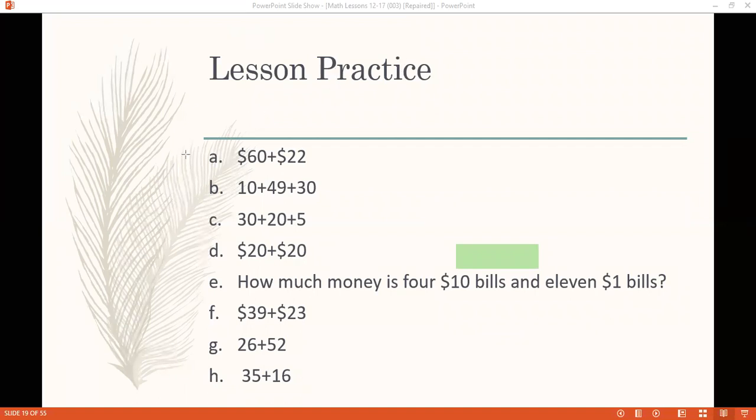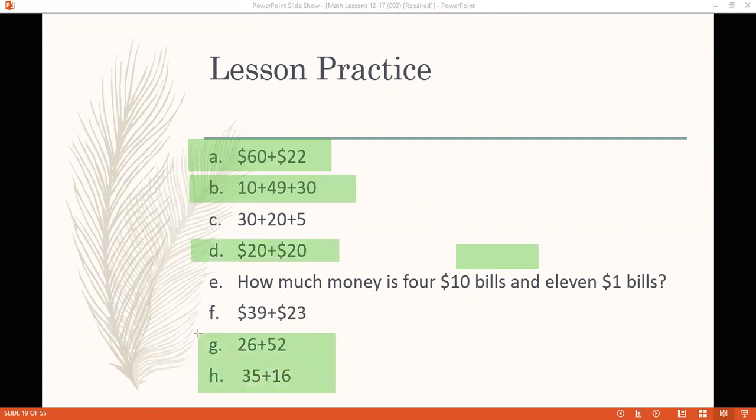So when I highlight what you'll complete, which is A, B, we did C together. You'll also do D, G, and H. So pause this video now and create and make the sums on your graph paper of the green highlighted questions. And you can pause your video now.